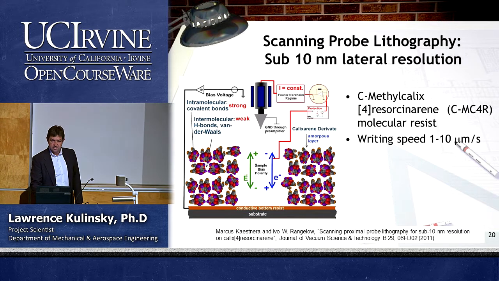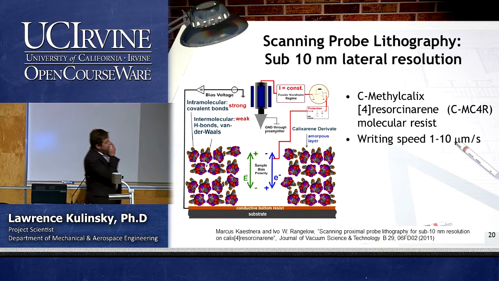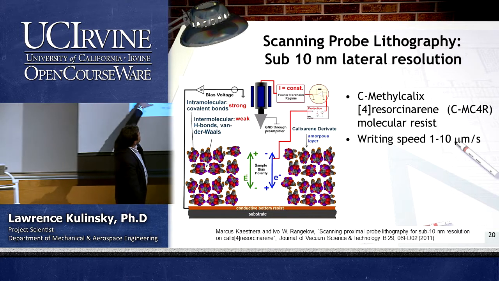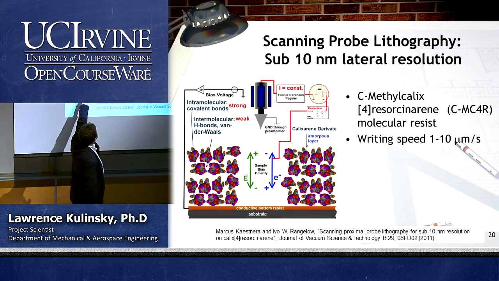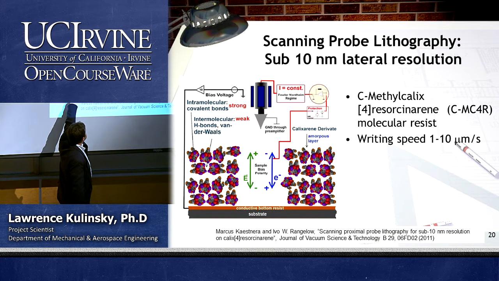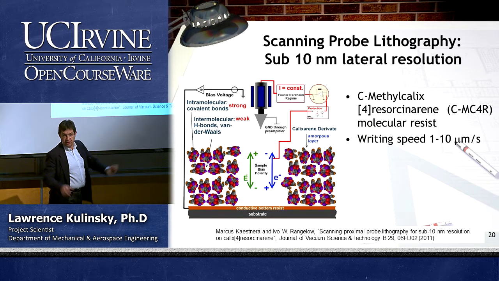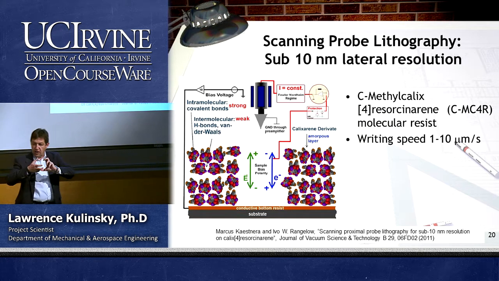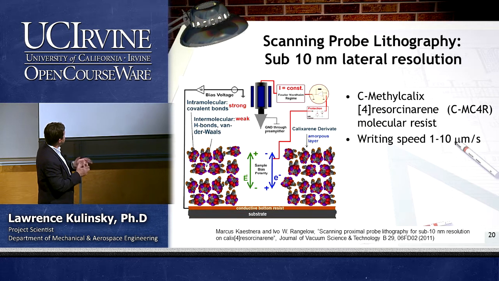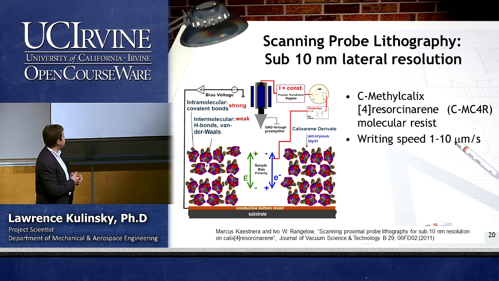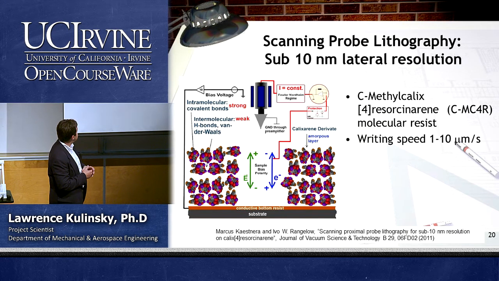What are you showing on the photo? Yes, so what we have here is basically the molecular resist. The resist consists of organic molecules, and each molecule is only several nanometers in size.